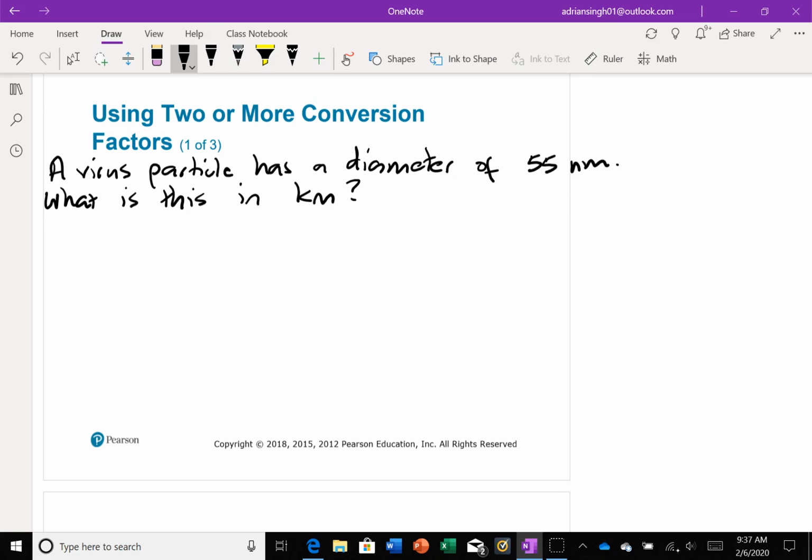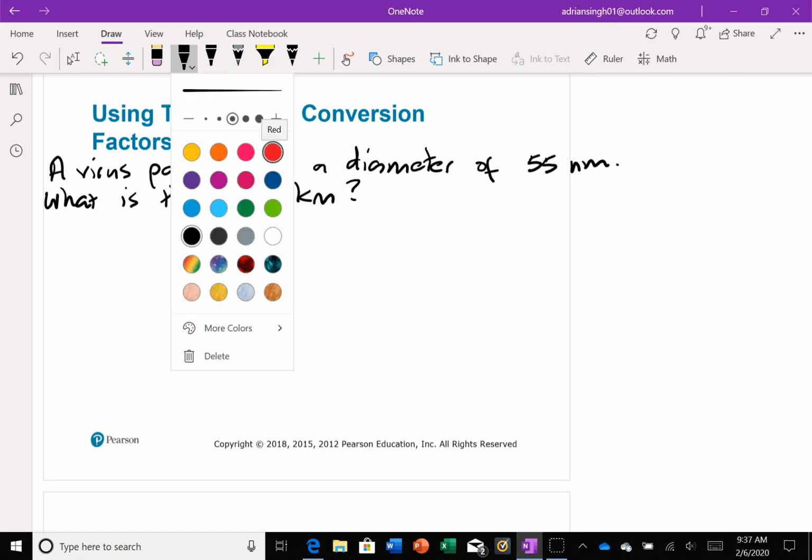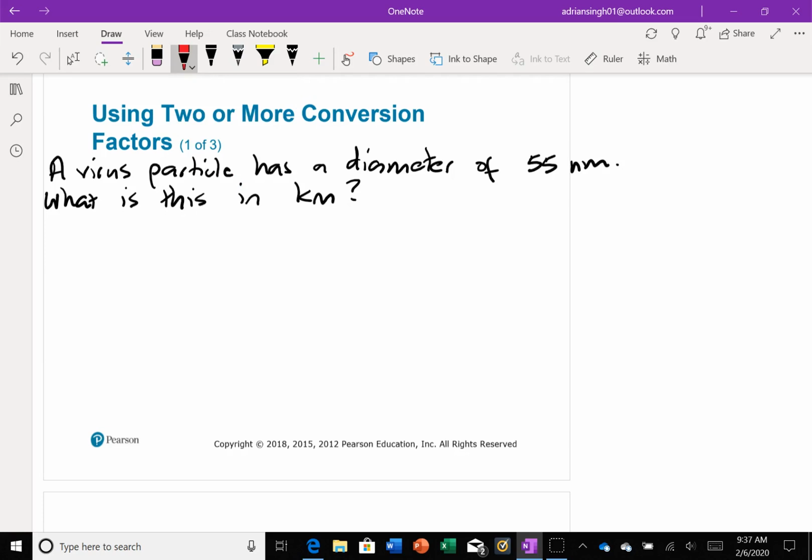All right, and we're going to approach it the same way that we approached the previous problems, which was to organize the information in a way that makes sense. And the first thing was, what are we given? Okay, so we're given the fact that this thing is 55 nanometers in diameter, and we need to convert it to kilometers.